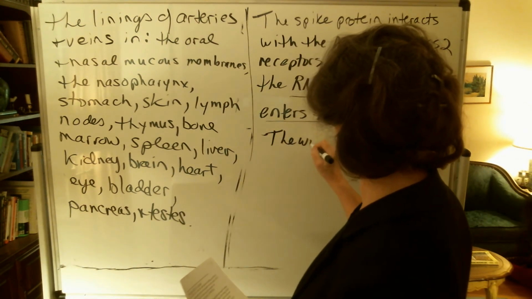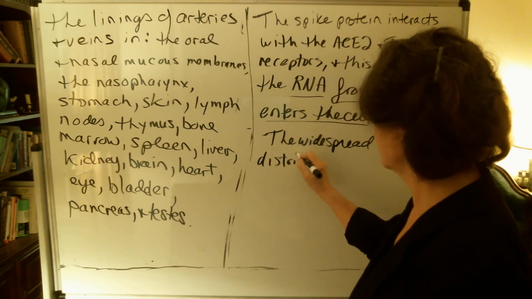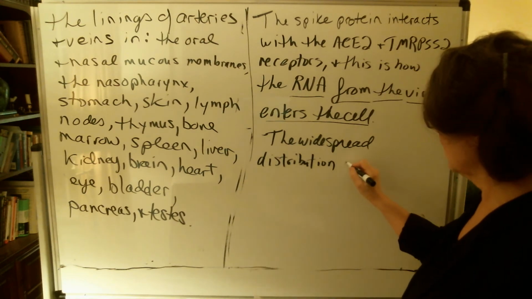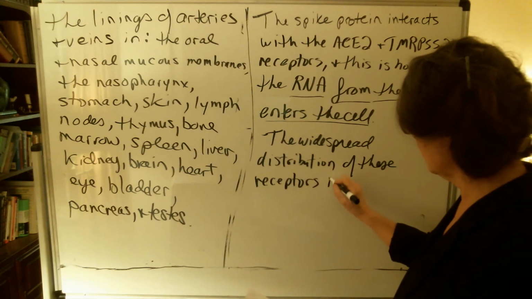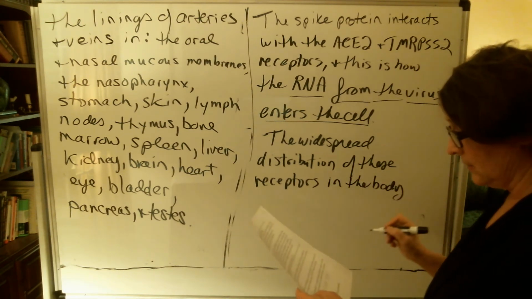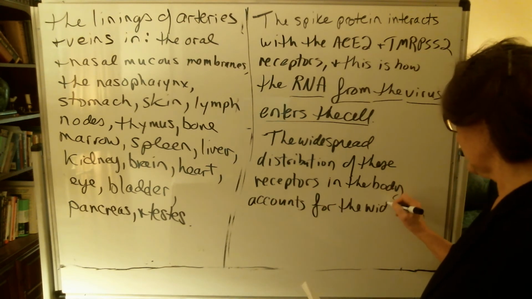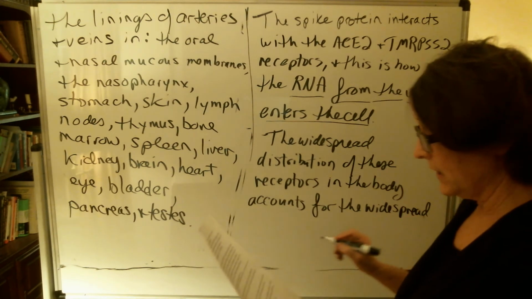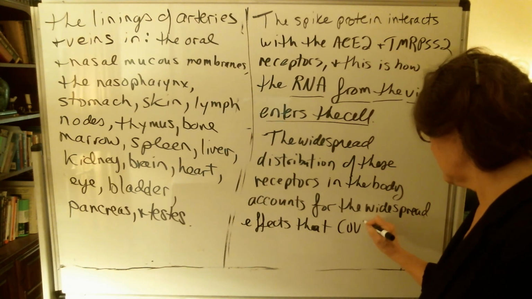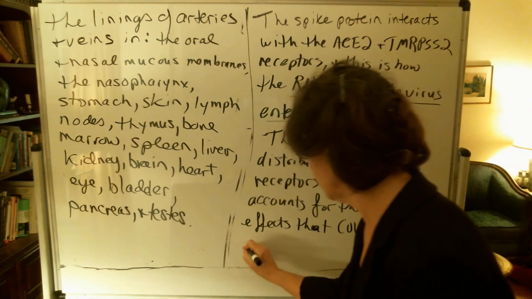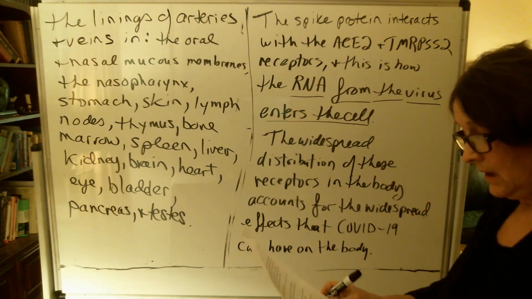So the widespread distribution of these receptors in the body accounts for the widespread effects that COVID-19 can have on the body.